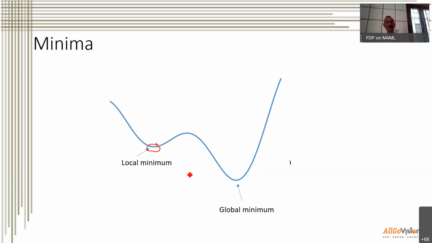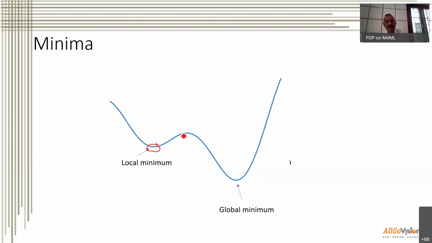A local minimum is minimum in its neighborhood. And how do I define the neighborhood? I can say it is all points at a small distance, less than or equal to some distance, from that point. That's called the neighborhood. So that's a local minimum, and that's a global minimum.